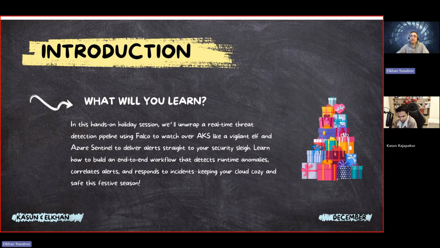You will learn a lot of different things from this session, but the biggest part is going to be how you can use real-time threat detection within your pipeline with this great open source tool called Falco, and how it integrates those threats with Azure Sentinel and with some other tools, not just Azure Sentinel, where you can deliver those suspicious alerts and messages and integrate the enterprise in a way that you are ready to respond to incidents in no time.